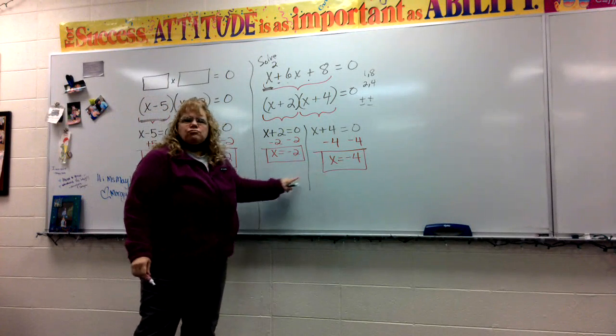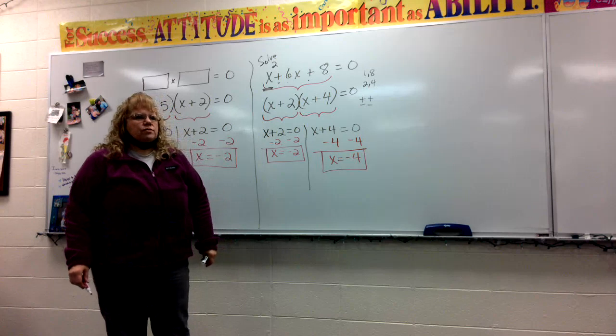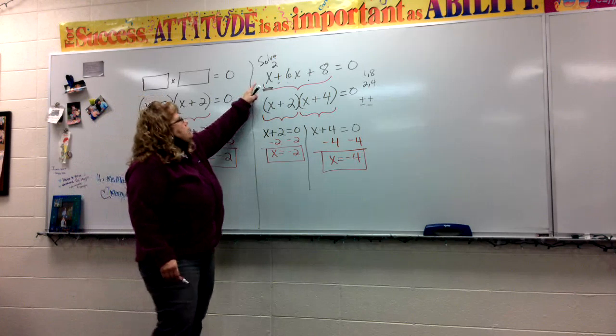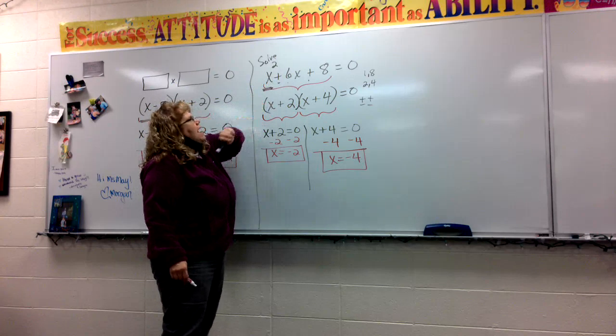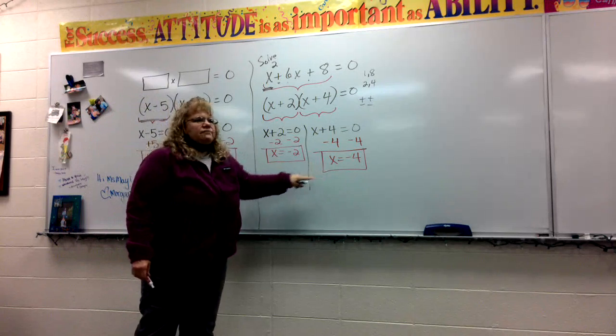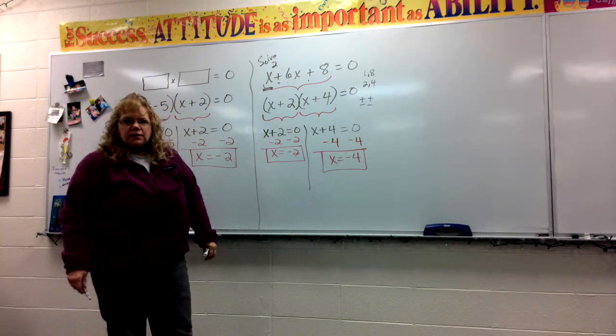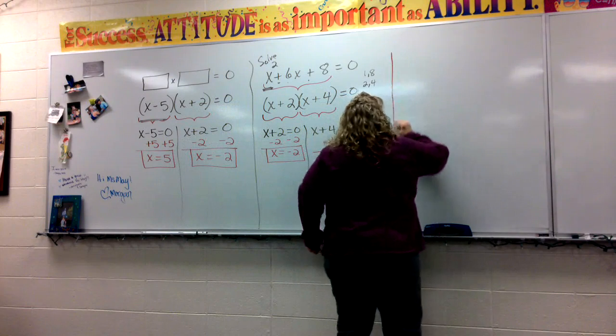So you get two answers. See the equation that we started with to begin with? The biggest exponent is a 2. That means you're going to have two answers when you're all done.